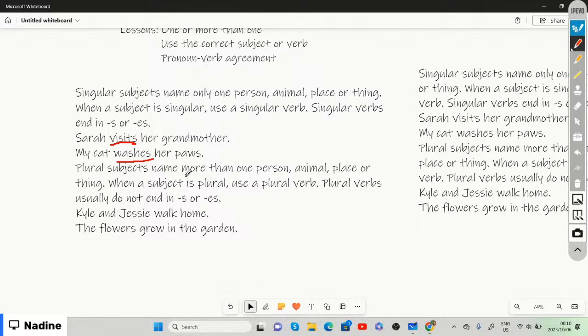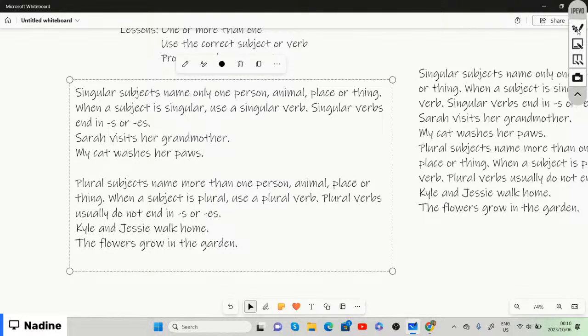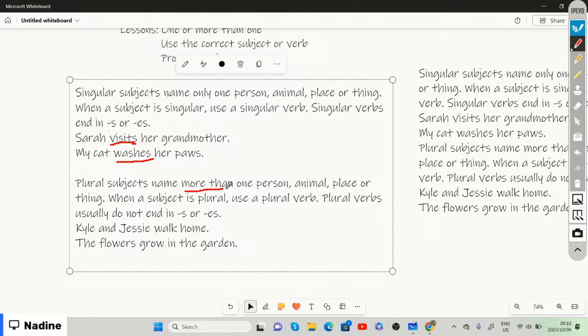So with having singular subjects, we also have plural subjects. Plural subjects name more than one person, animal, place, or thing.